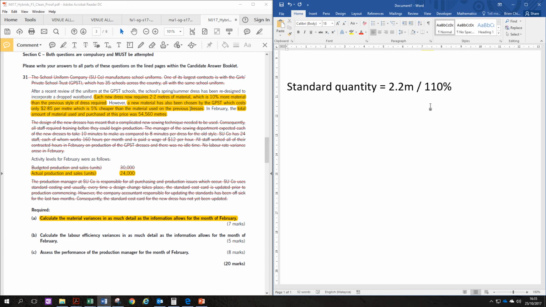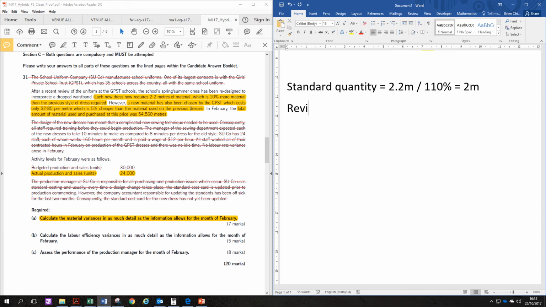Now the reason why it is 2.2 divided by 110 is here. Each new dress now requires 2.2 meters of material, which is 10% more than the previous style of dress required. So that would give me 2.2 divided by 1.1 gives you 2. So this was the original amount of material needed for each dress.